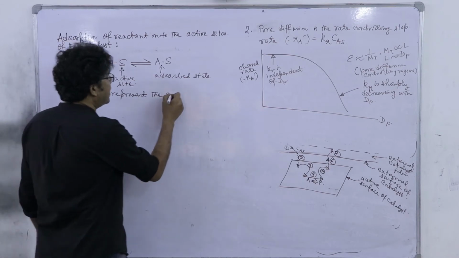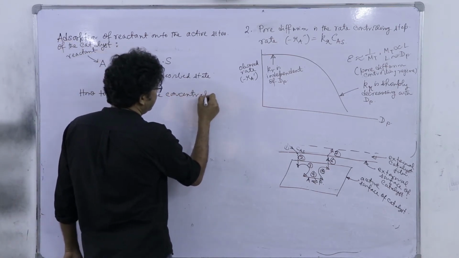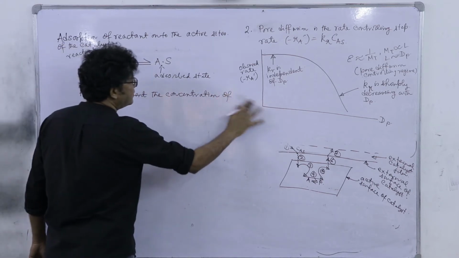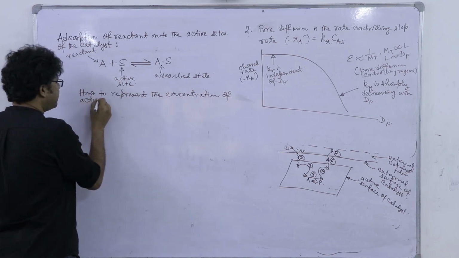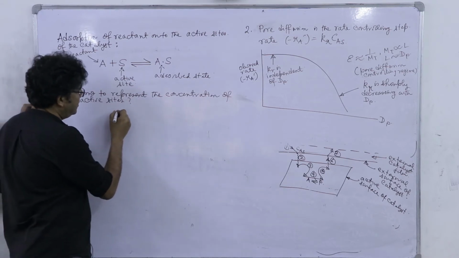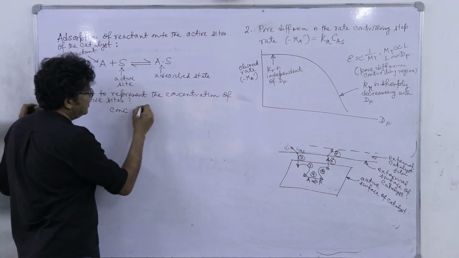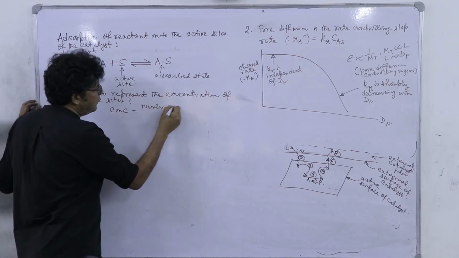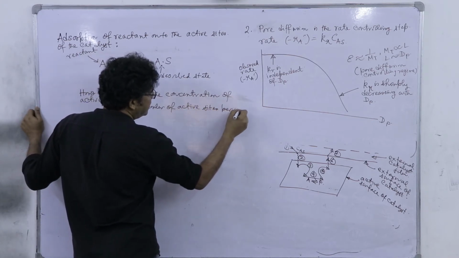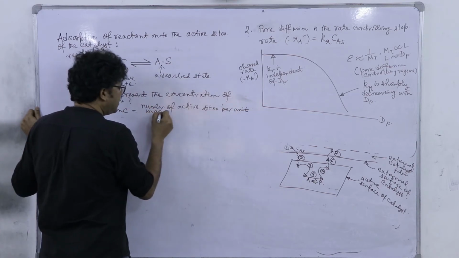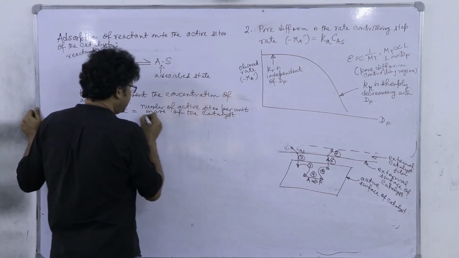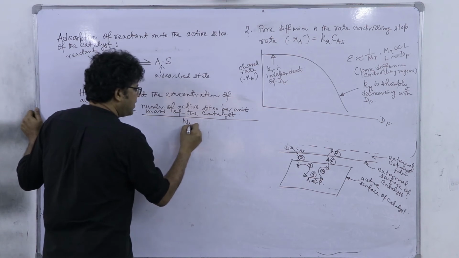So, how to represent the concentration of an active site or of active sites? The concentration here is the number of active sites per unit mass of the catalyst divided by Na, and that is the Avogadro number.